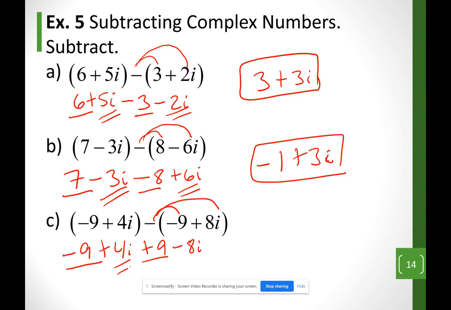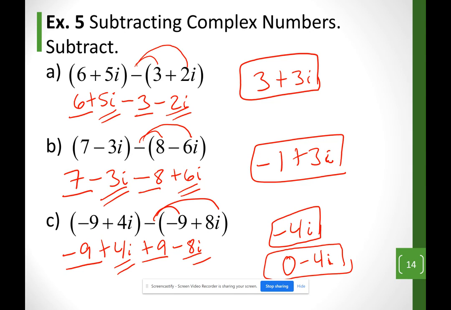When it comes to the imaginary part, that gives me negative 4i. Some people like to write this as 0 minus 4i just so they can see the real part. When it comes to paper, I'm okay either way. We tend to go with just negative 4i. It doesn't have a 0.